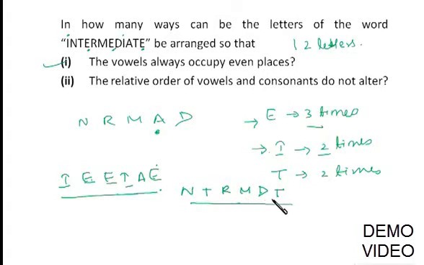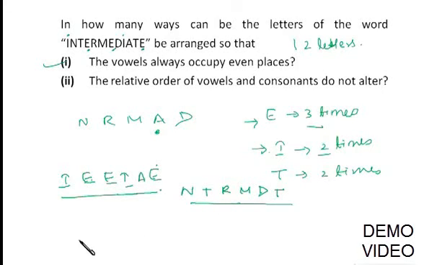Now 6 consonants could be arranged in 6 factorial ways, but we cannot do that here, because in 6 factorial ways the order of the consonants will definitely be changed.